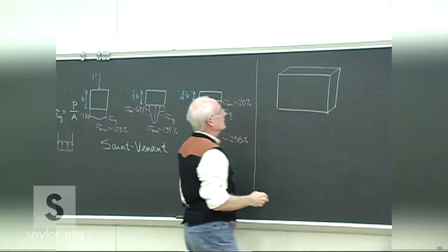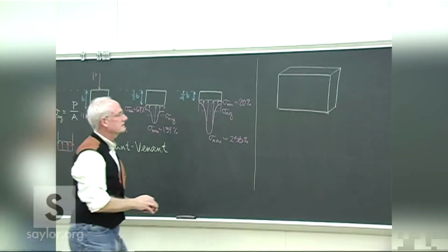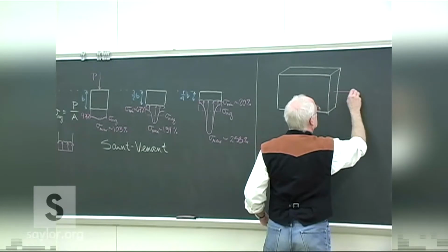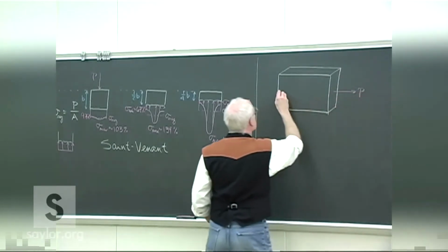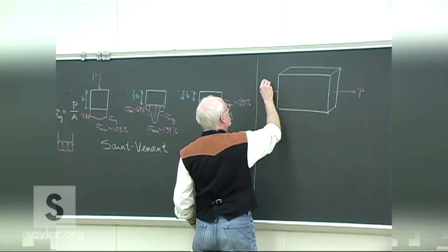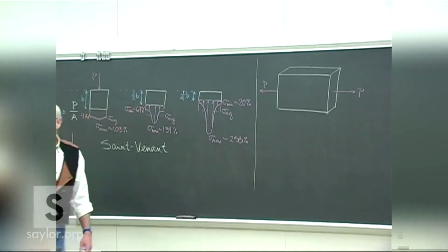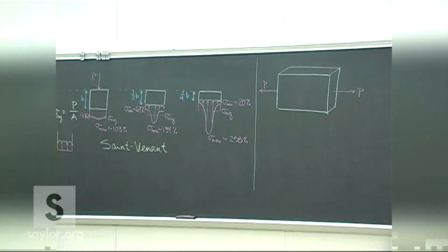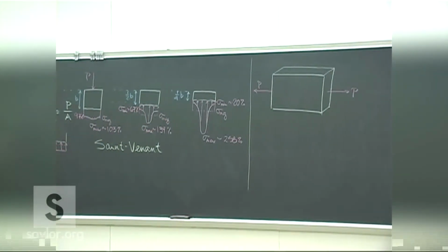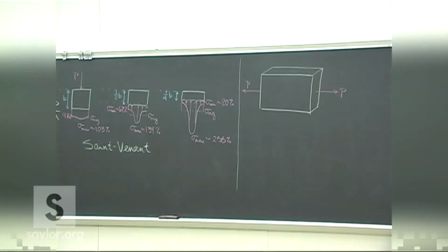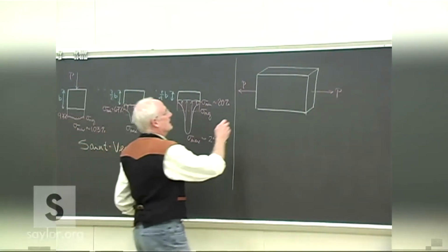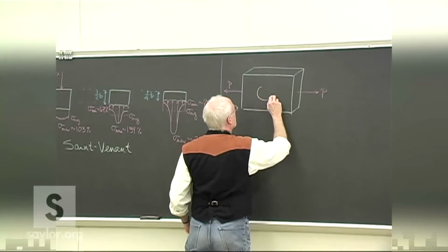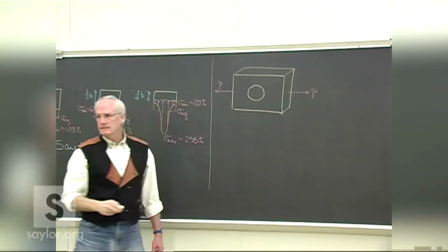Hollywood's doing it, so we'll do it too. So I have a piece here under some kind of axial load. Again, don't forget, it doesn't have to be tensile. I just have to draw something. But then imagine we've got some kind of hole in this piece.